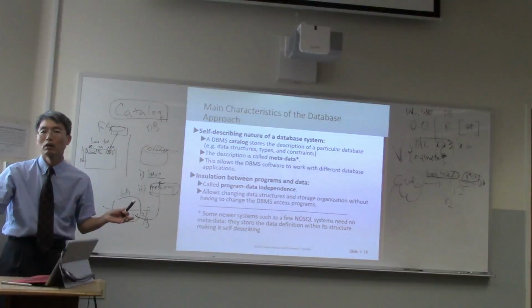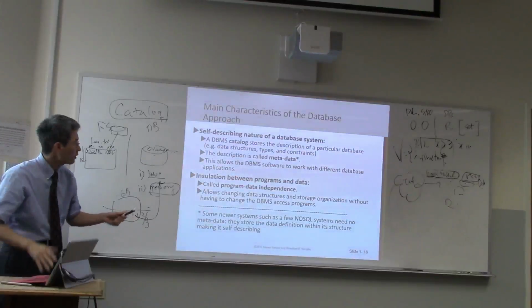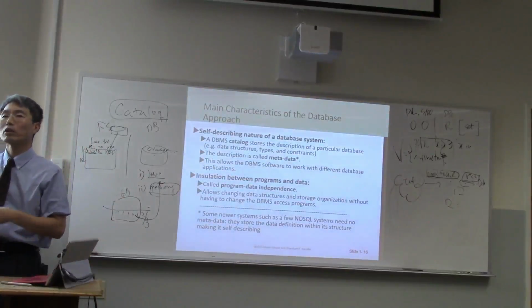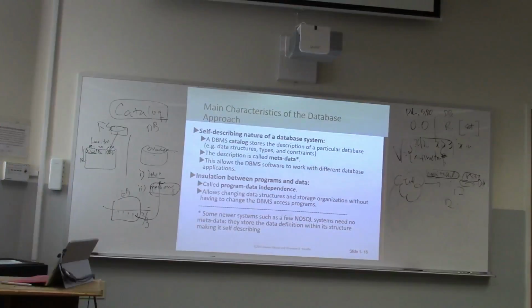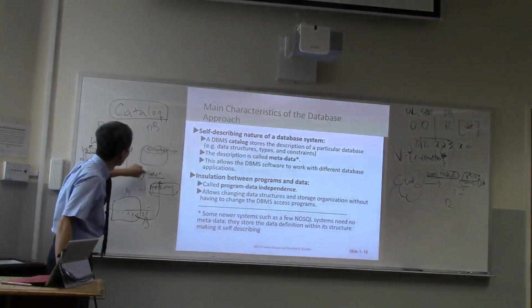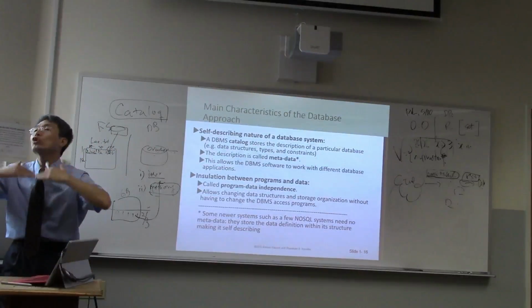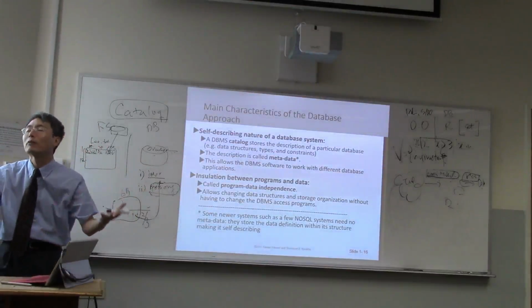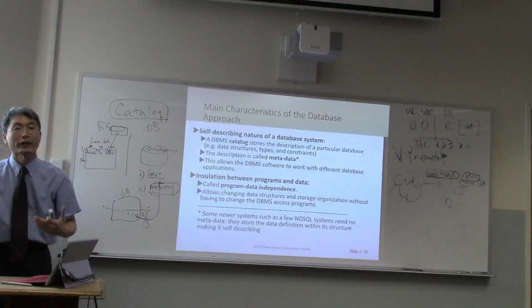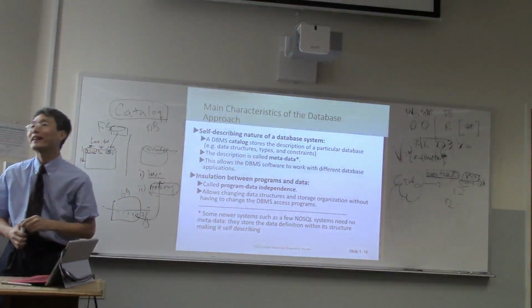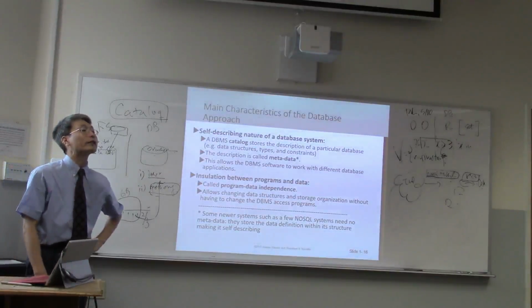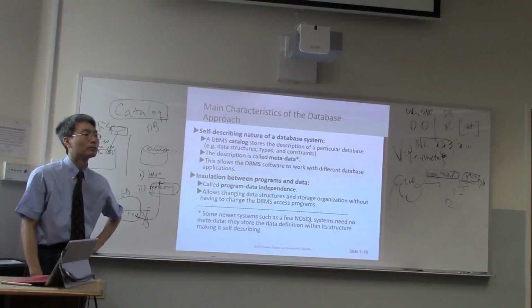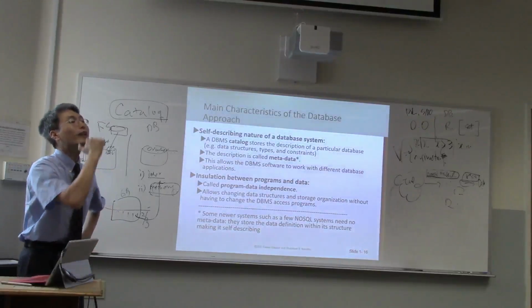It doesn't matter. When you access the data in your program or application, you can just ask what is the name of this student. Then the database system takes care of everything inside. It doesn't matter whether it's 10 bytes or 15 bytes or 12 bytes, whatever. It's at the abstract level. That is the insulation between program and data. Yes, when you create variables or columns in a table, you have to specify the size, but that's when you create the table.